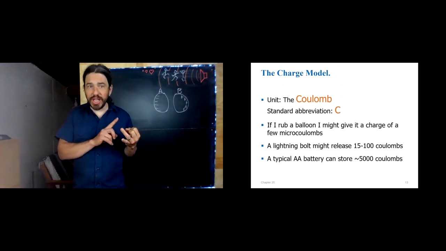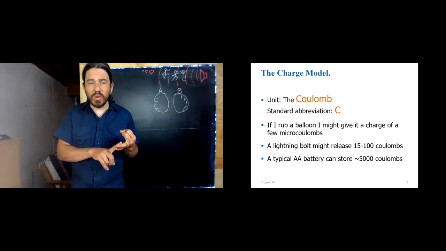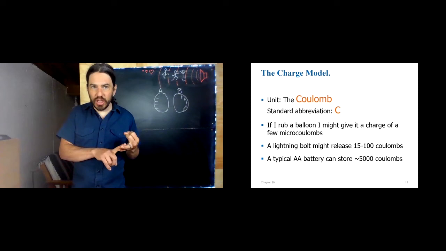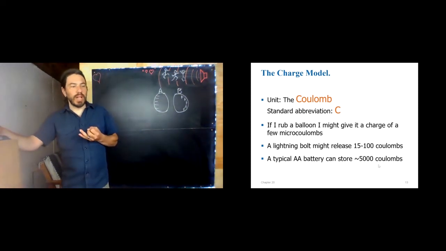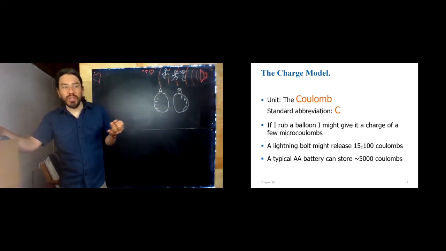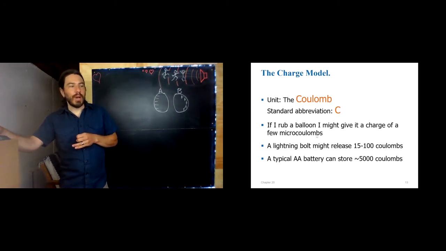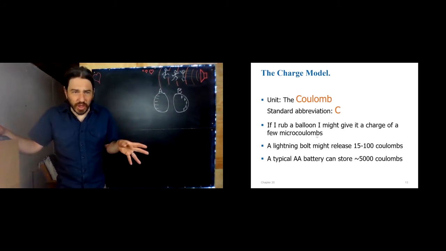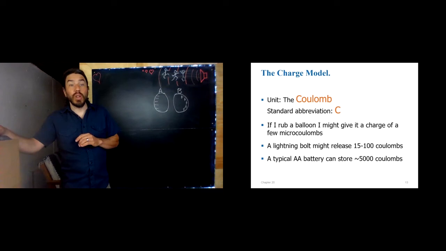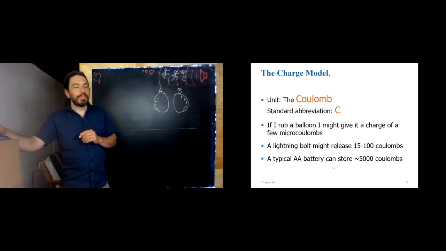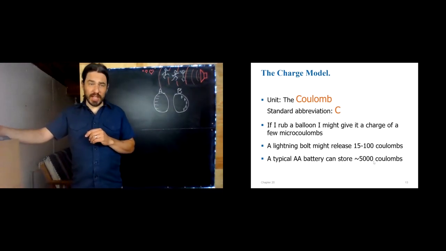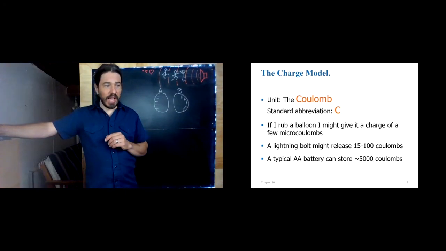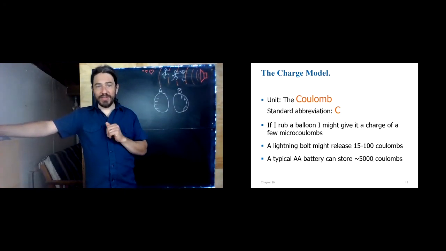We measure charge in coulombs. It turns out a coulomb is a very large amount of charge. A lightning bolt might release 15 to 100 coulombs, which is quite a bit. It's probably only a few microcoulombs of charge that I was getting on the balloon that I rubbed. A battery can hold actually a surprising amount of charge. A AA battery can hold something like 5,000 coulombs.